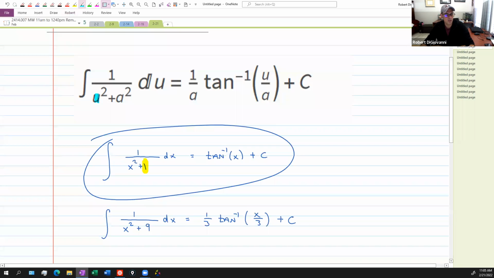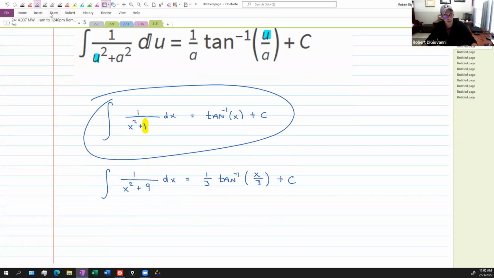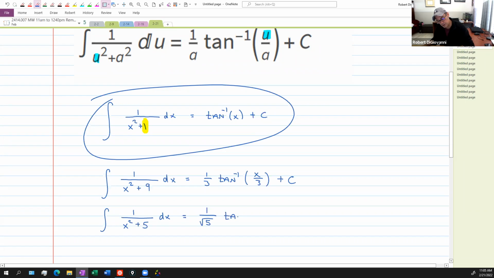They're using u in the formula instead of x; for the integrals I just showed you, it's x. And it doesn't have to be a perfect square either. If this is 1 over x squared plus 5 dx, then a is the square root of 5, so I would put 1 over square root of 5 inverse tangent of x over root 5 plus c.